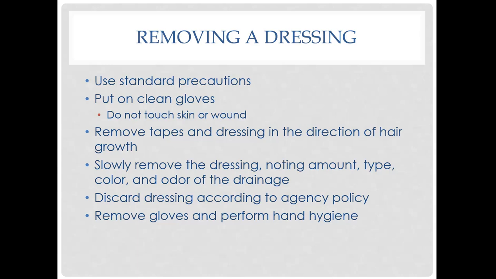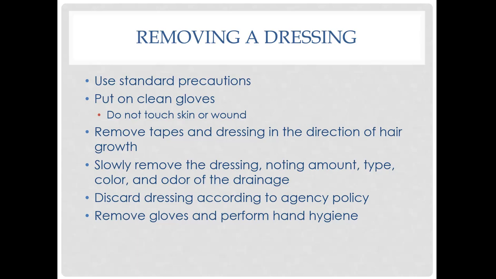Okay, so when we are removing a dressing, we are going to use standard precautions. So this is treating any bodily fluids or blood like it's got a bloodborne pathogen, even if we know the patient doesn't have that. We're going to wear our gloves. So put on clean gloves.